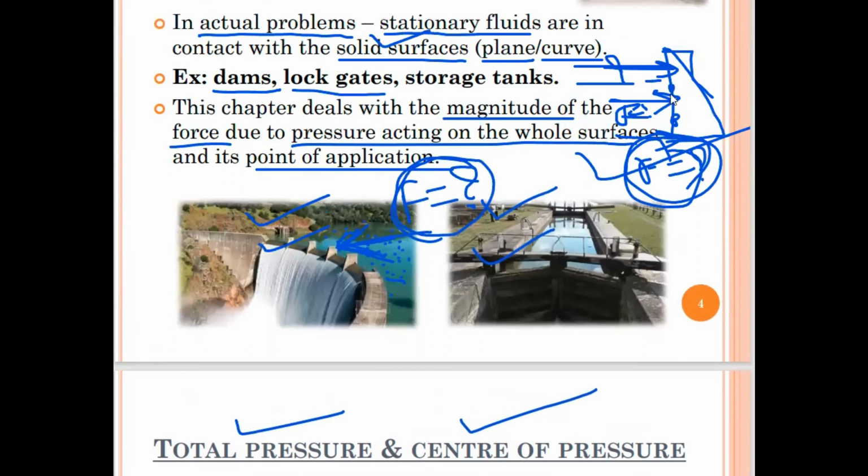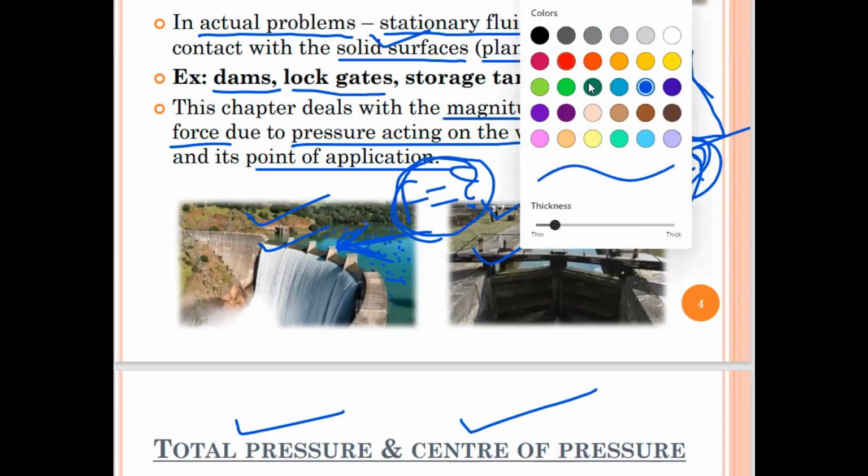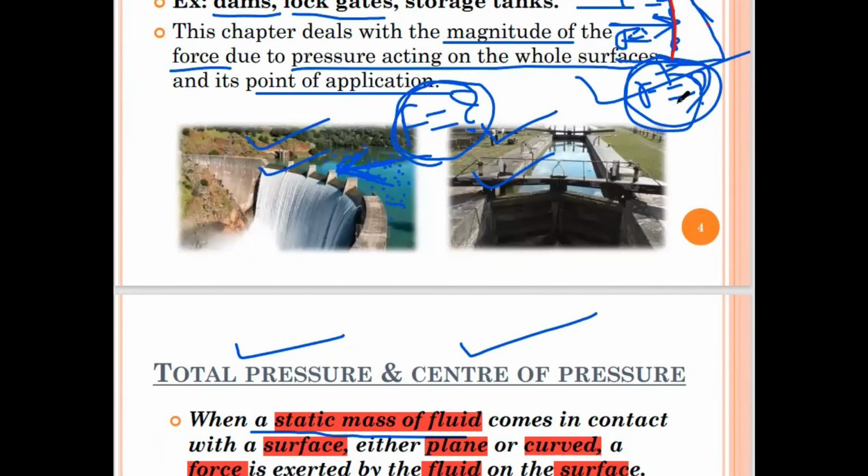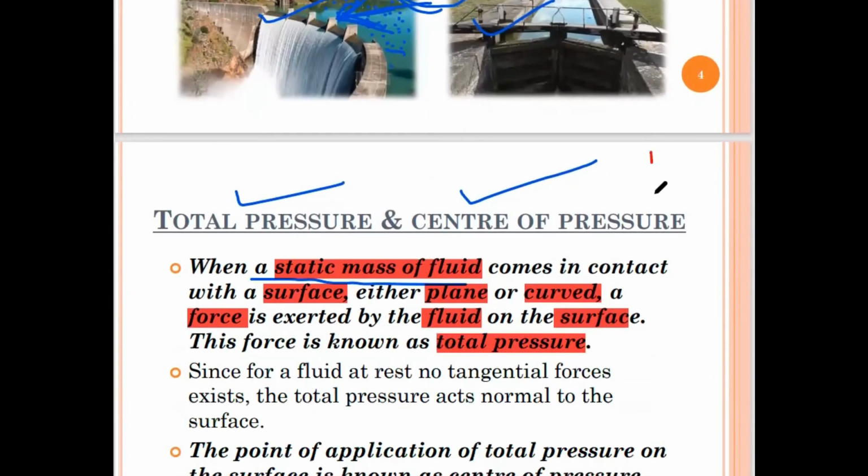As I told, the dam is a contact surface. The solid surface may be either plane or curved. I'll write it here again. The dam is a surface, either a plane surface or curved.